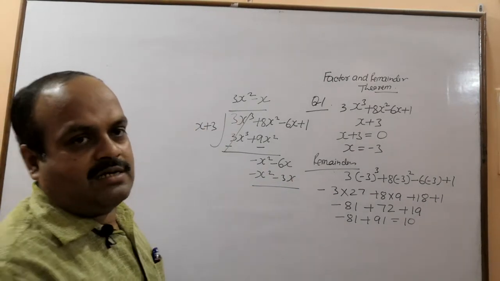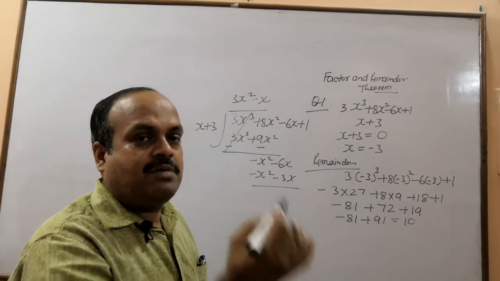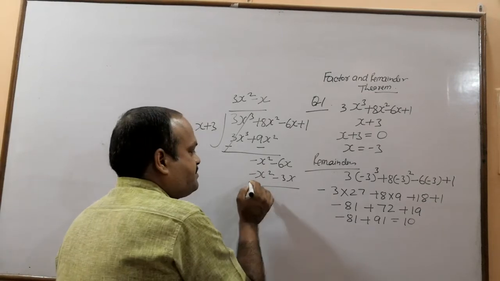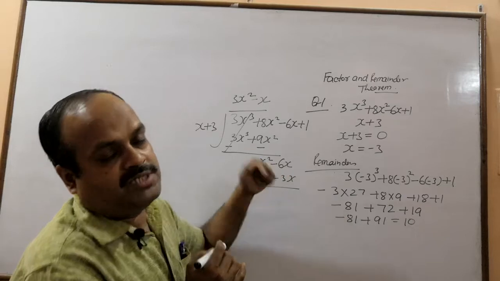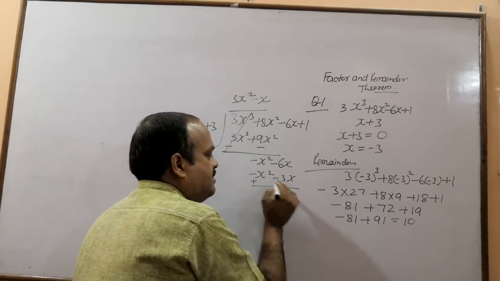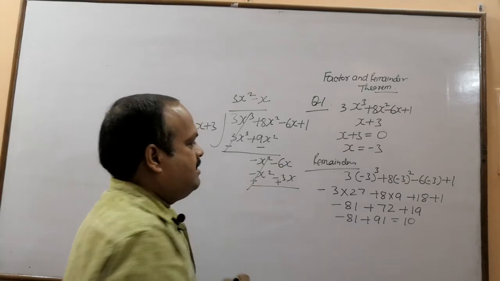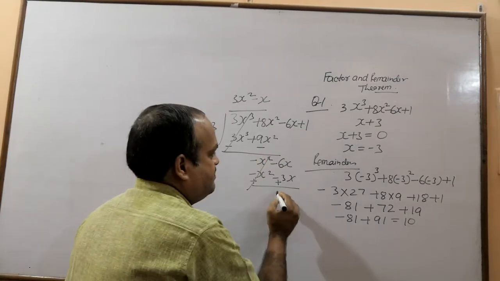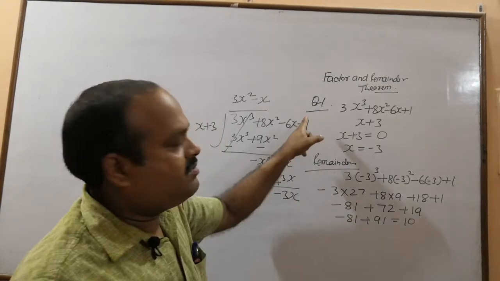Do the subtraction. I hope you know that when we do the subtraction, we change the sign of each term of the expression to be subtracted; minus should be changed to plus and plus should be changed to minus. So minus x square plus x square cancels. Minus 6x plus 3x gives plus 3x. Sorry, minus 3x. Get this one down.